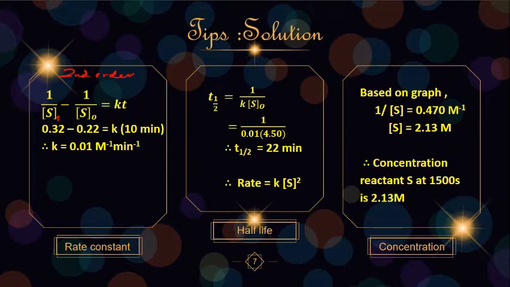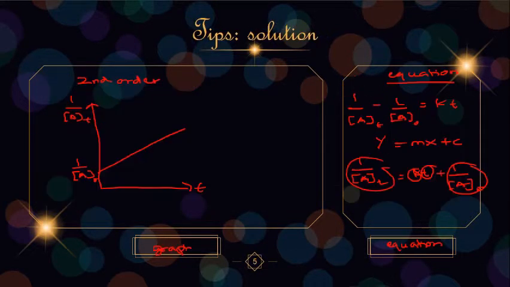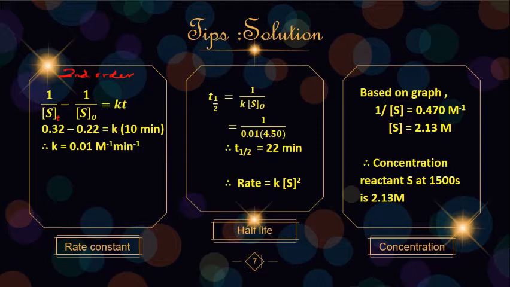So you can see here from the table, concentration at the certain time for 10 minutes is 0.32. Okay, and the concentration S at time 0 is 0.22. Okay, you get the input from the equation. So you can find the rate constant, and you have to remember that you need to add the unit, which is M minus 1 minute minus 1, right?